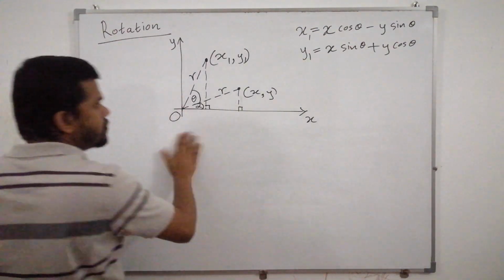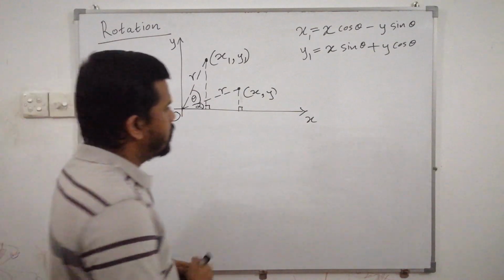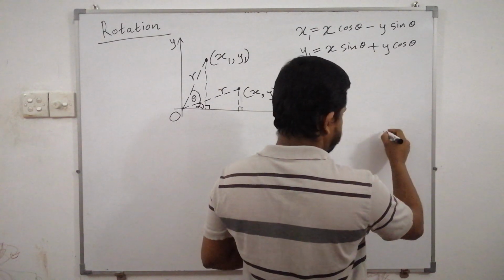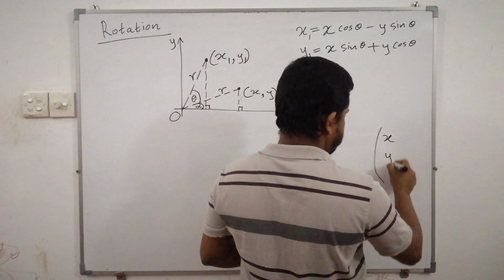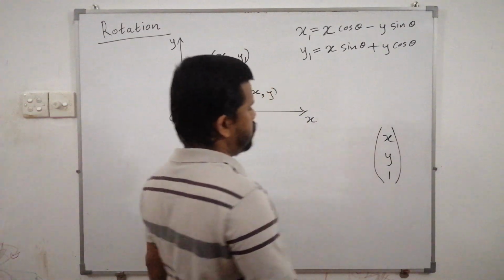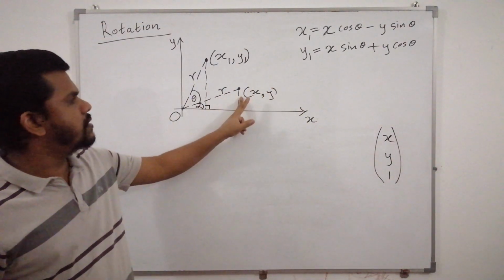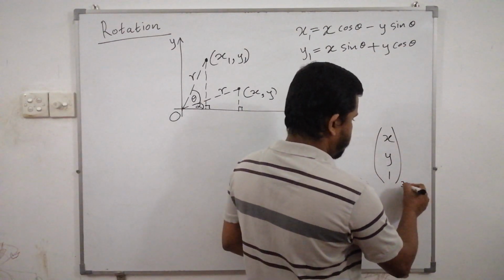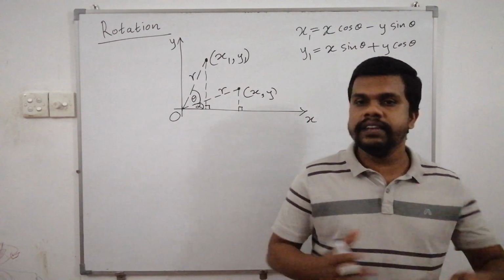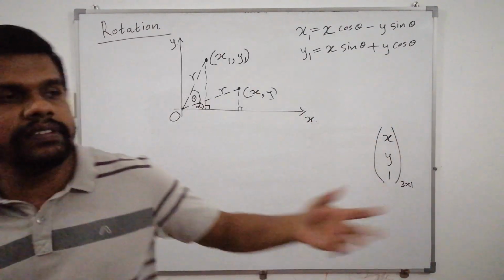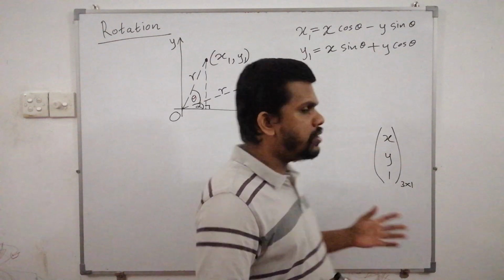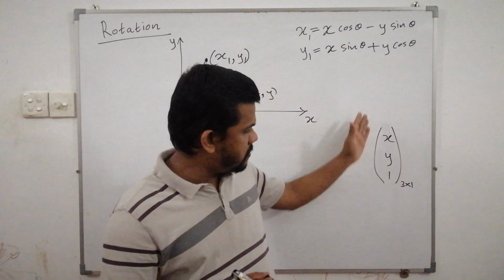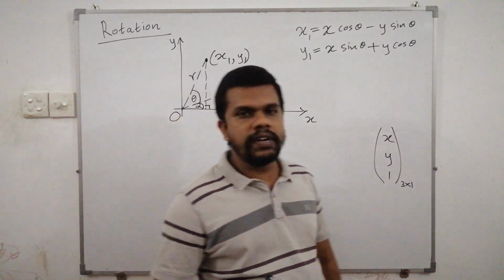Now, as usual, we represent this point using a 3 cross 1 matrix in order to maintain the consistency, because in our previous situation we had to represent a point using a 3 cross 1 matrix.